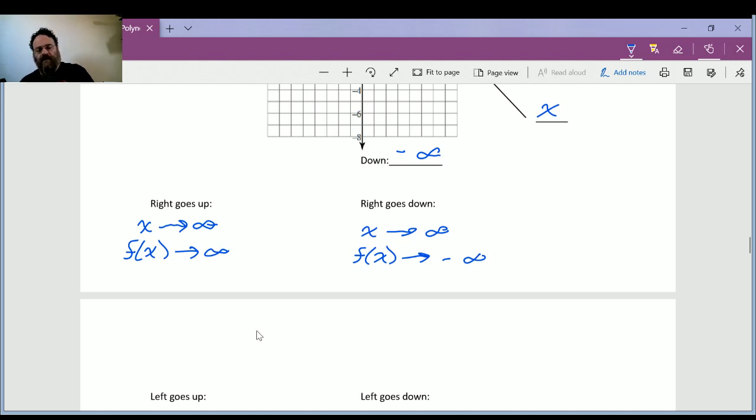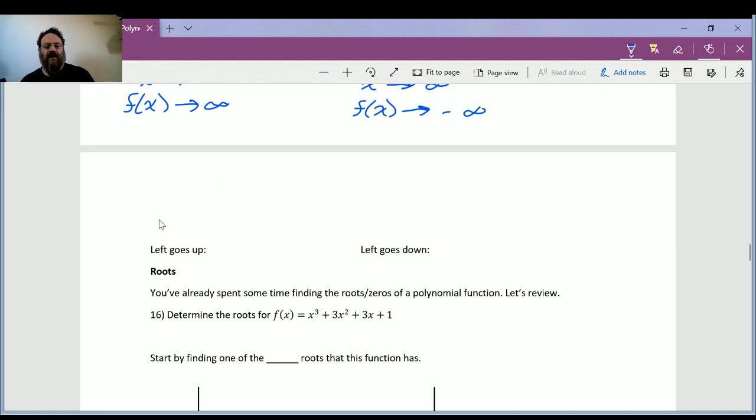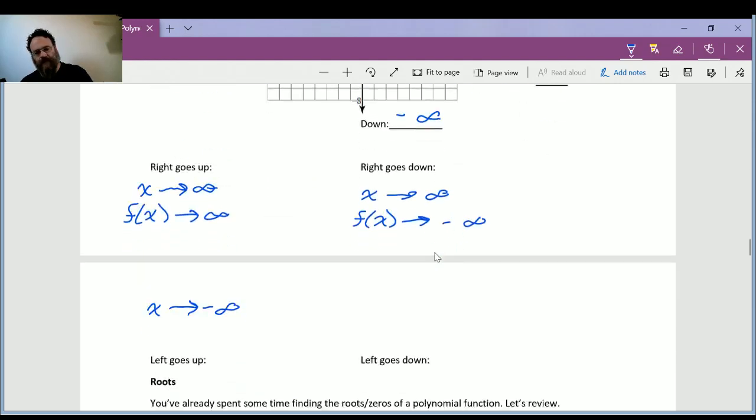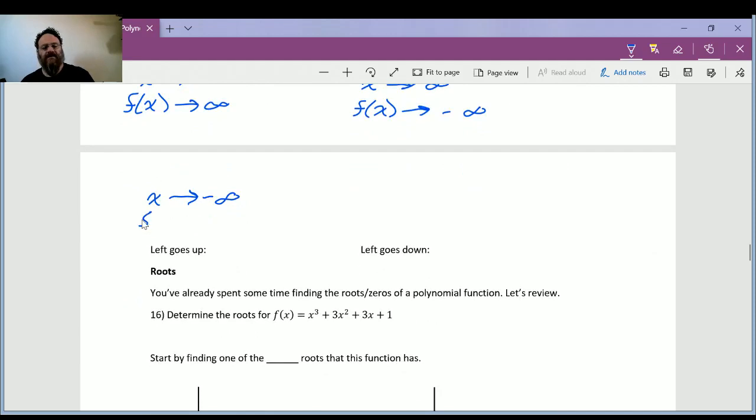Okay, and then the other two ways to look at it. Left side goes up. That's x approaching negative infinity. Here it is here again. X, left, negative infinity. And up is still f of x going to infinity.